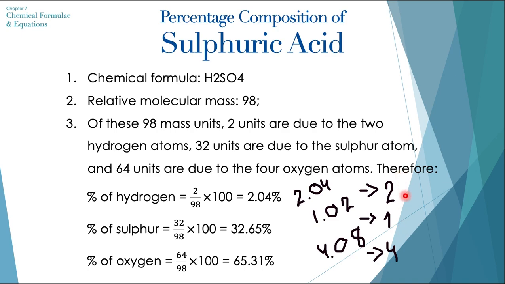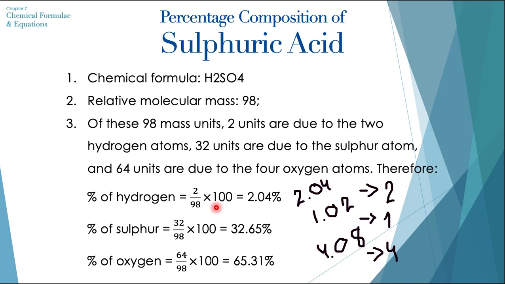And as you can see, it is the same as the chemical formula: 2, 1, 4. 2 is hydrogen, 1 is sulfur, 4 are oxygen. But it is different, it means a different thing. An empirical formula is basically the simplest ratio of atoms in a particular compound or molecule.